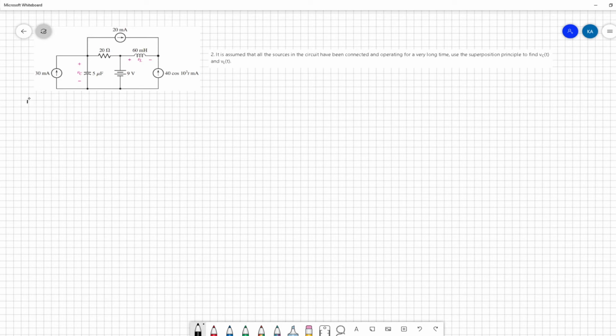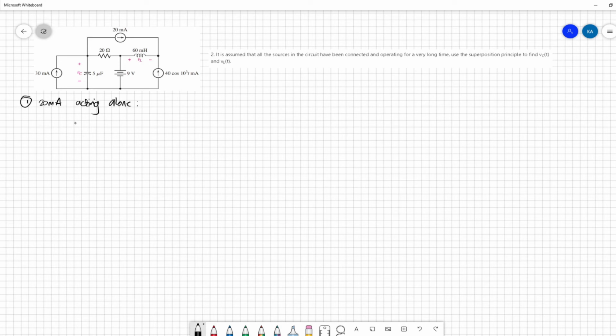So the other current source is 0, this is open, and this 9 volt source is shorted, and this current source is open.